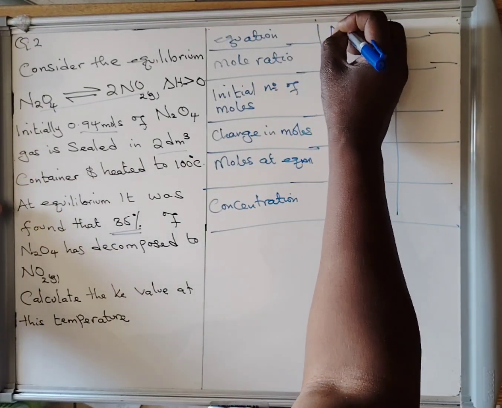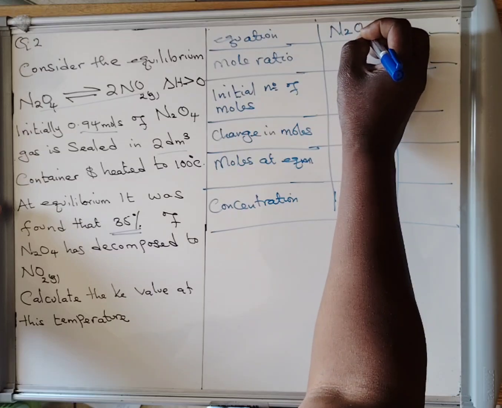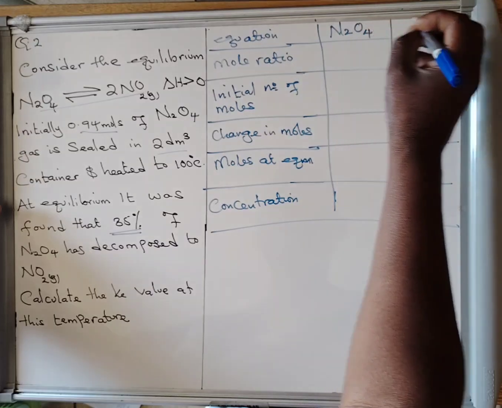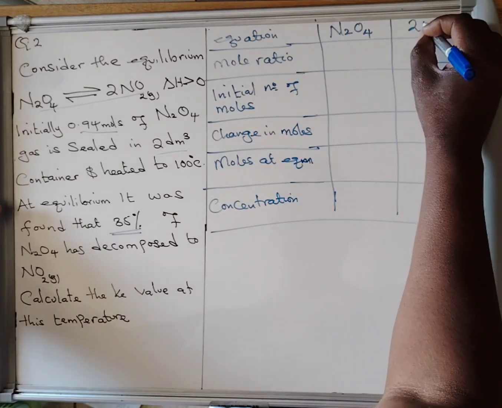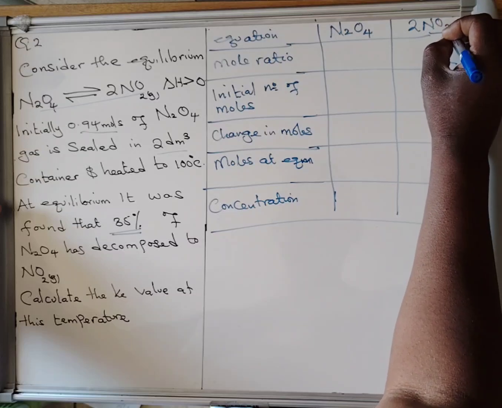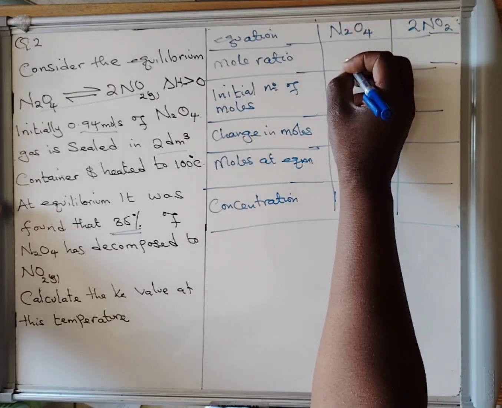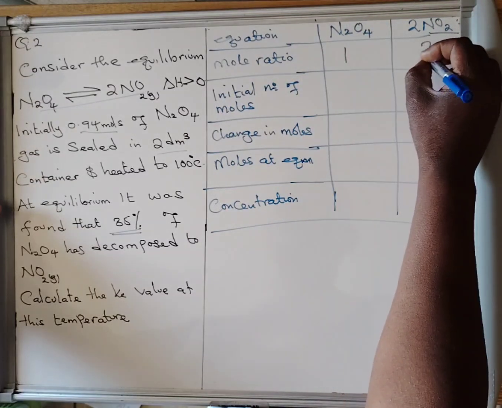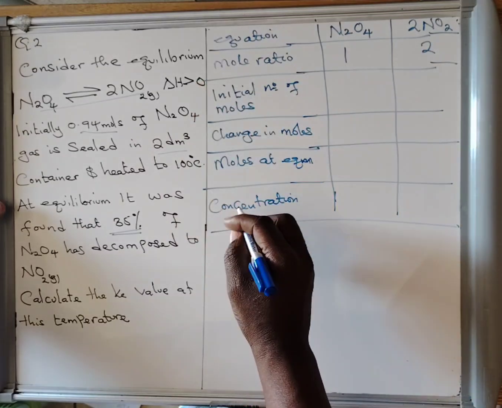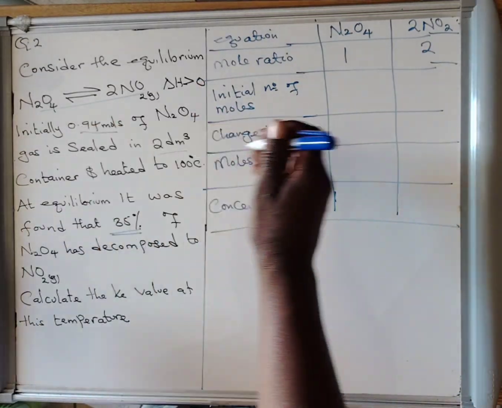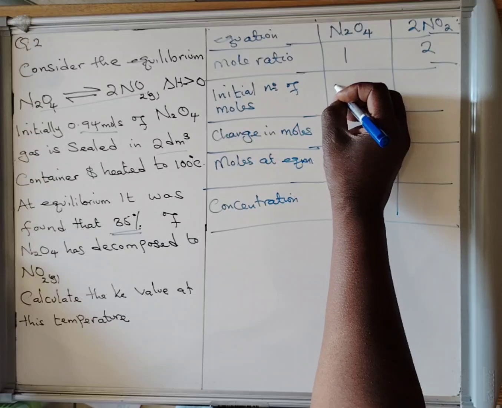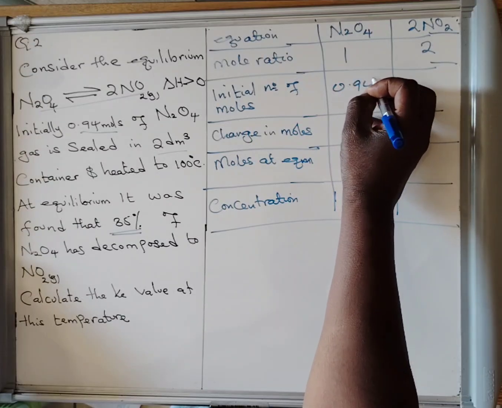It's going to be dinitrogen oxide, and we're having 2 nitrogen dioxide. The ratios are shown there. It's going to be 1 to 2. Initial number of moles are given, which is 0.94.